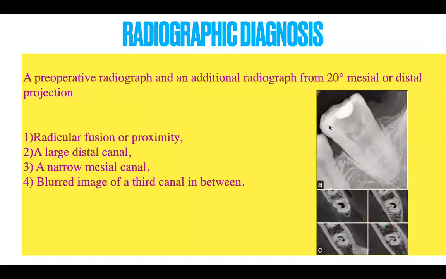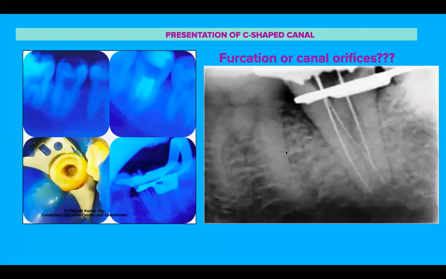As shown here, we can see there is a radicular fusion, a large distal canal, a narrow mesial canal. So if such a presentation is there in the radiograph, we can suspect a C-shaped canal. The presentation of C-shaped canal is different from the normal anatomy of mandibular second molar.